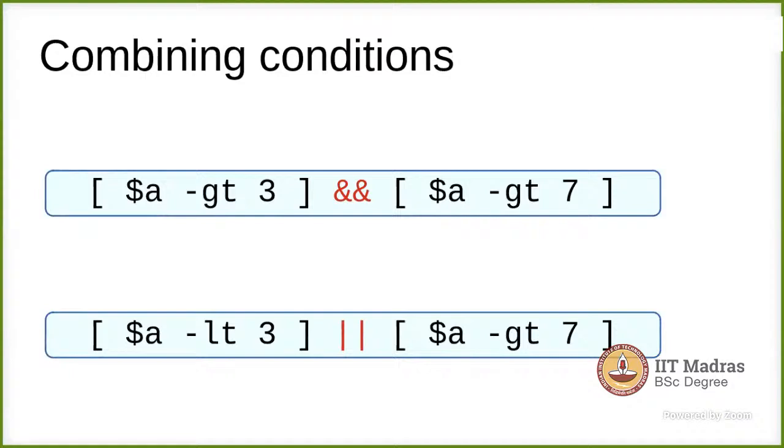Now we have seen how to write the conditions and what operators can be used inside the conditions. Okay. Now what if you want to combine more than one condition?